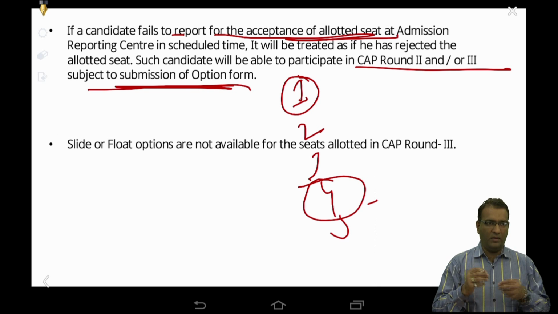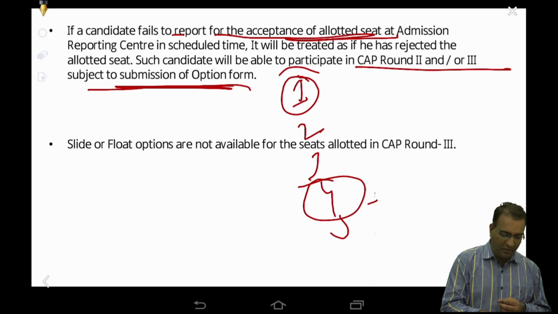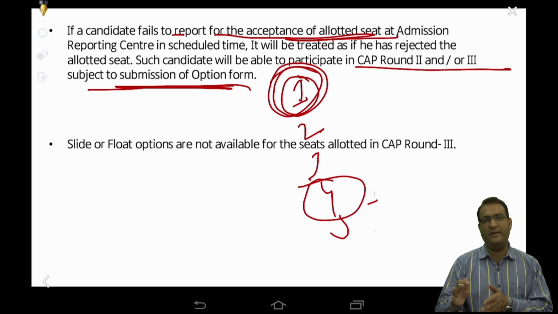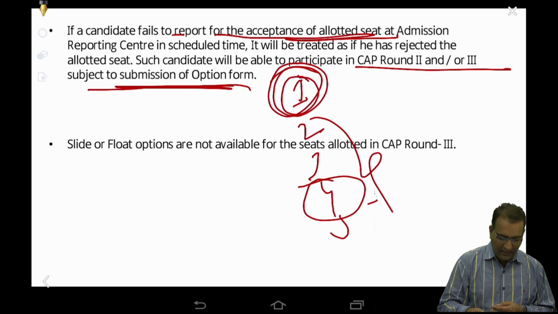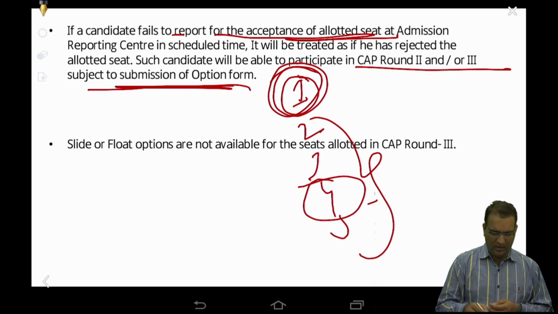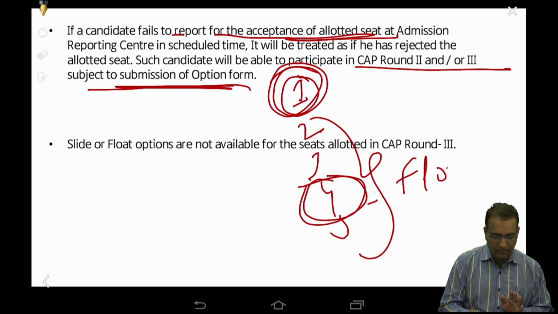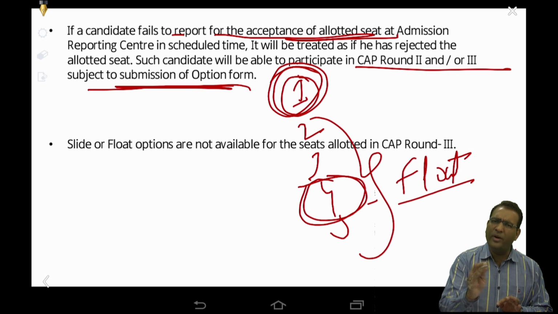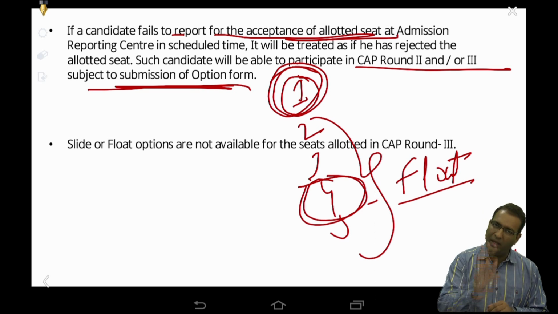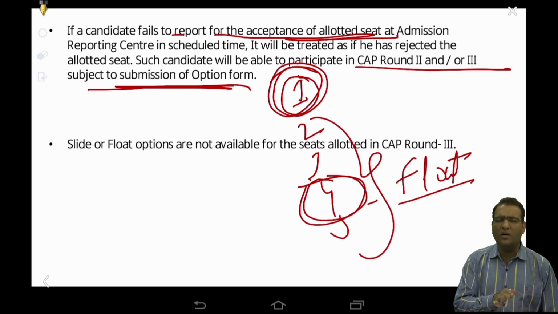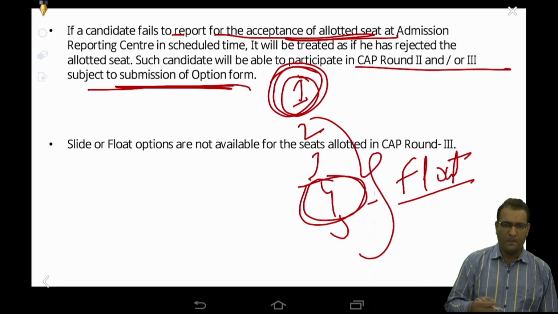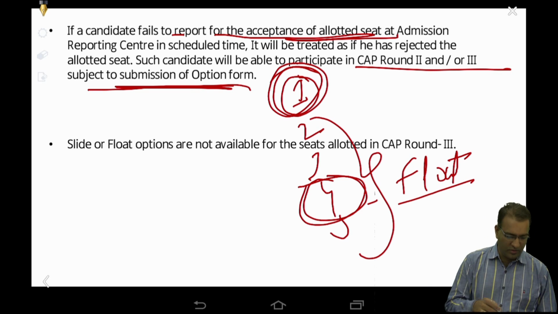So see, whatever restrictions are there, they are for if you get your first preference. Otherwise, if you get any of these colleges, if you want to confirm admission, go for the float option, or don't go at all, that doesn't mean you won't be able to participate. You can participate in the next round. Fill the option form again, no issues.